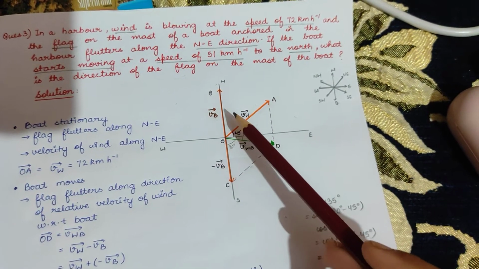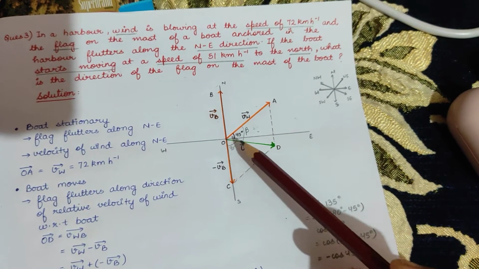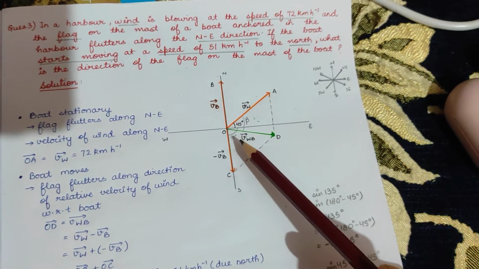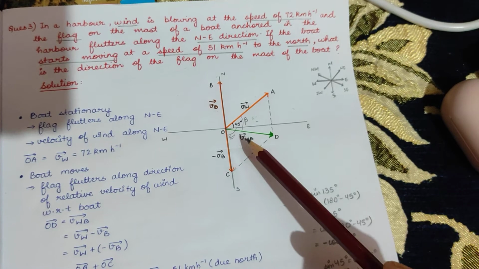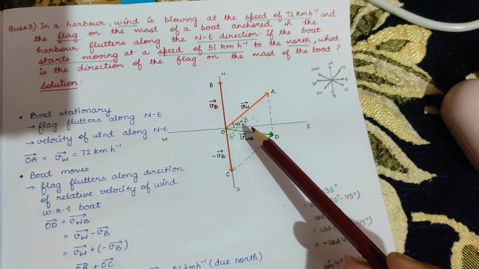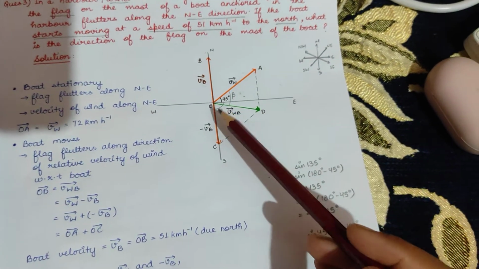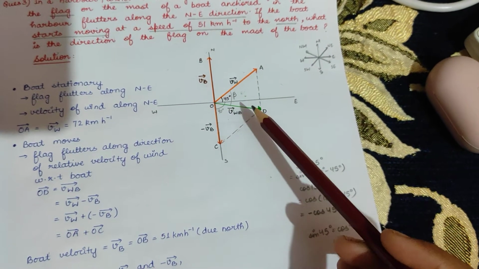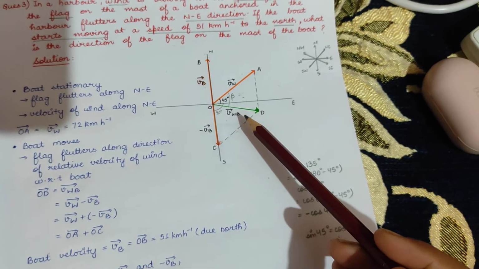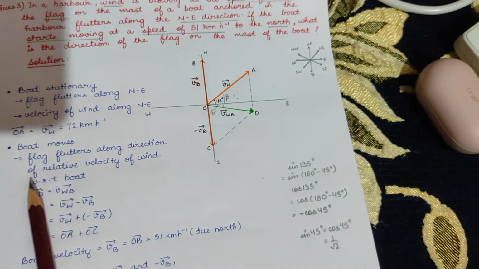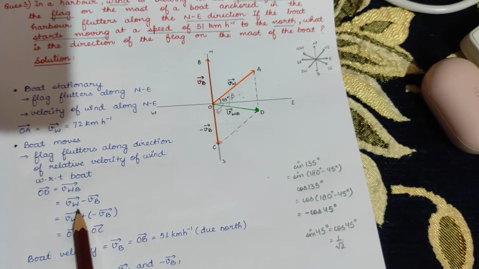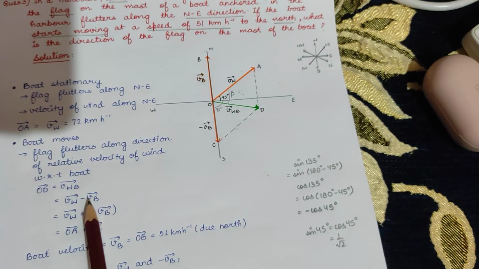So now the boat is displaced a little, and this represents the relative velocity of the wind with respect to the boat. Fine. So this vector OD represents vector VWB, which is the relative velocity of wind with respect to the boat, and it will be given as vector VW minus vector VB.